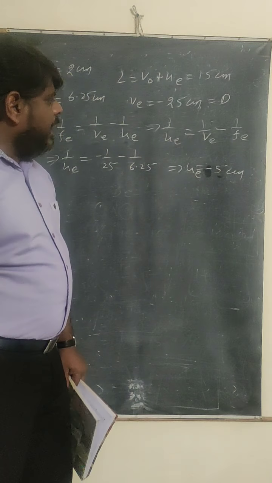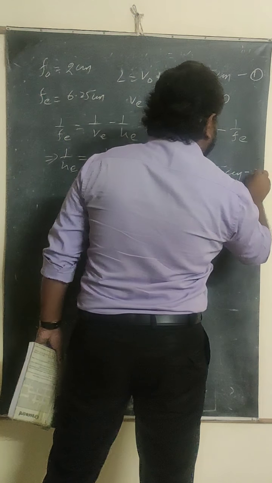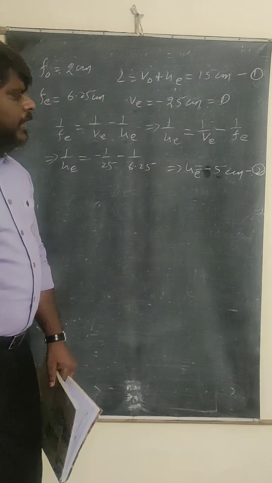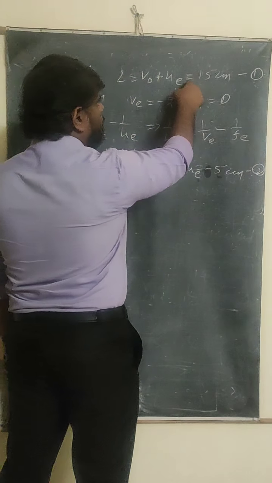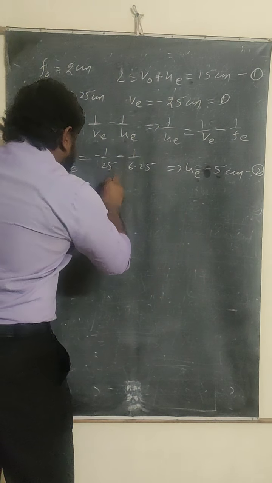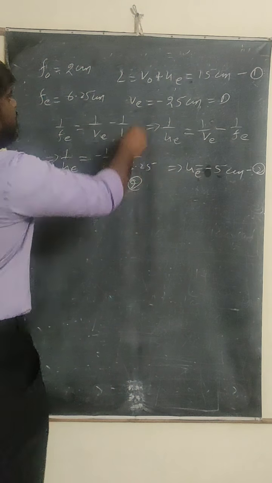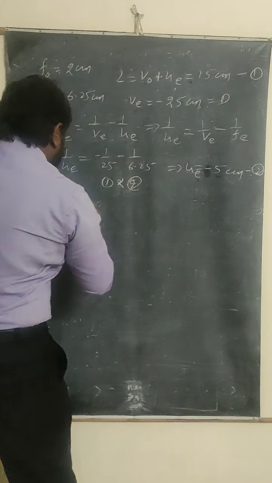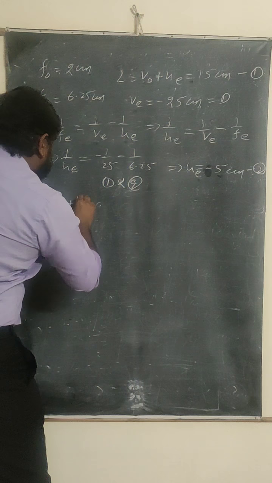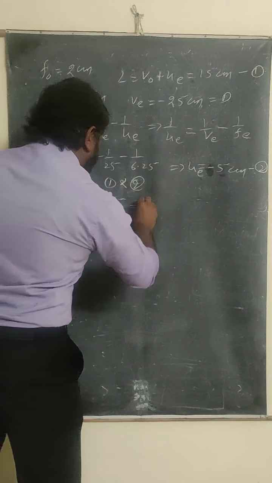Once you know the UE value, let us say this is equation number 1 and this is equation number 2. Now this UE value you substitute in the equation and find the V naught value. From the first and second equations, L is equal to V naught plus UE, which is 15.